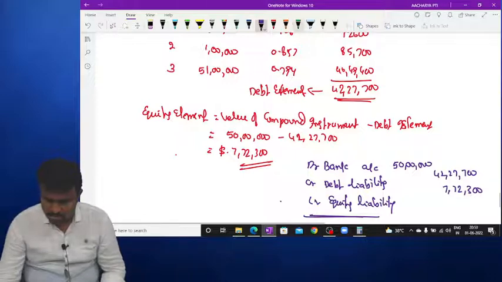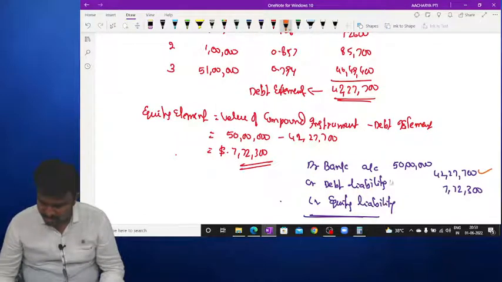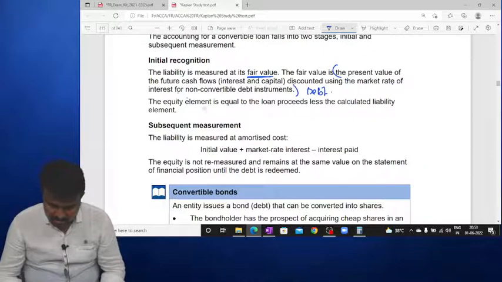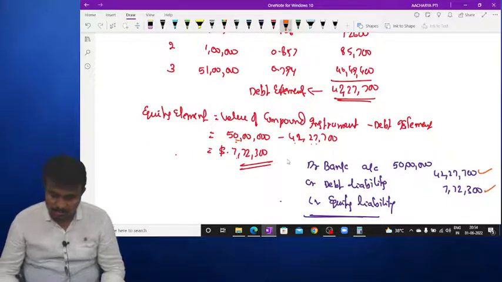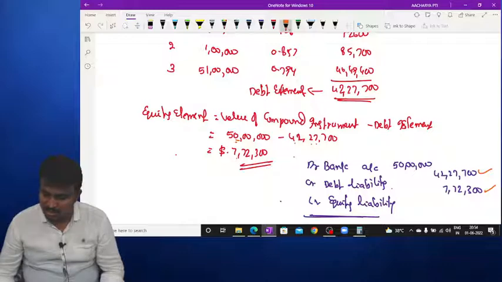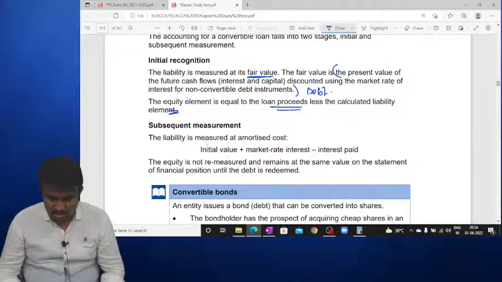Next, equity is equal to loan proceeds less calculated liability. So total loan proceeds are 50 lakh minus the debt element, 7,72,300. We have to pass this entry: debit bank account, credit debt liability, credit equity.